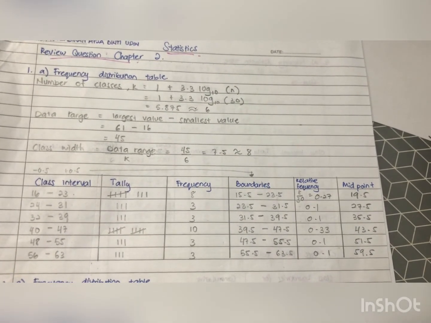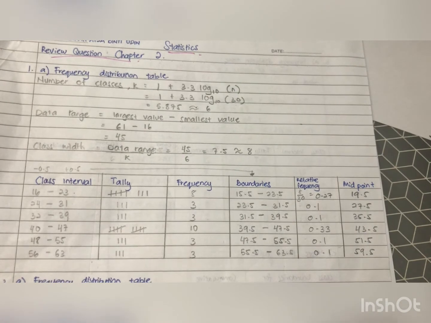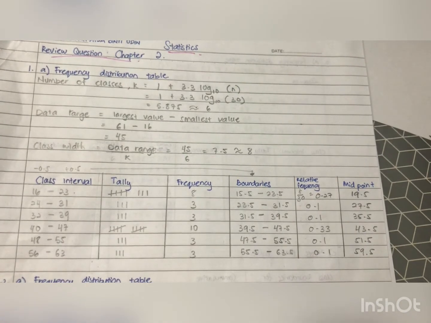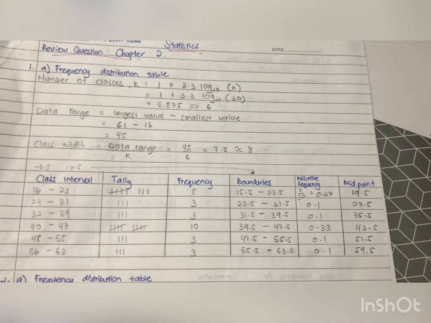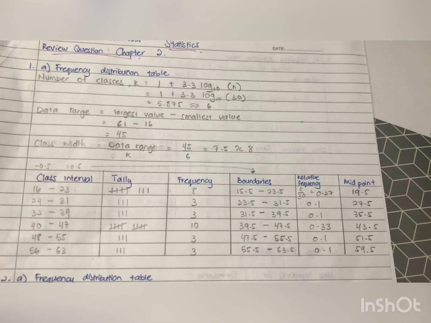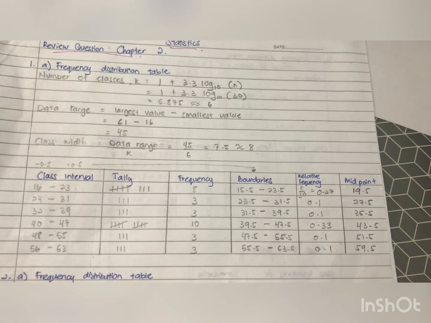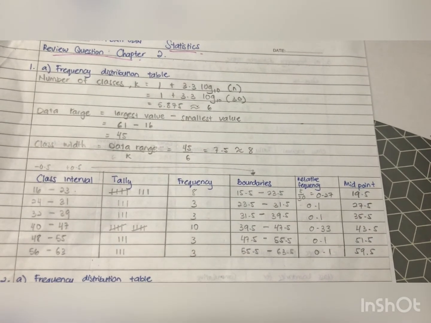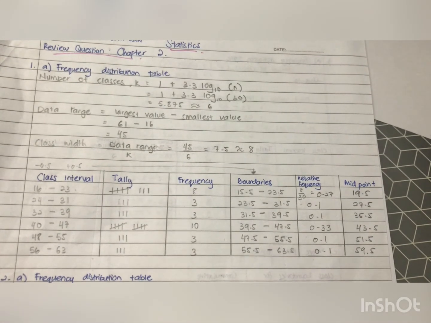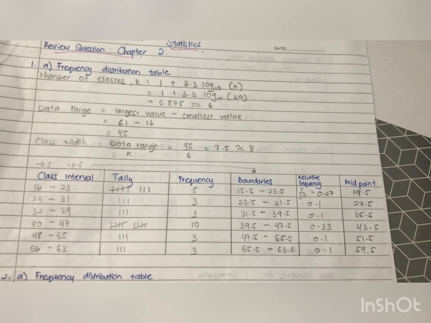So let's move to the last part, which is the midpoint. Midpoint also refers to the class interval. How to find the midpoint? Midpoint equals lower limit plus upper limit divided by 2. So take a look at the first class. The class interval for the first class is 16 until 23.